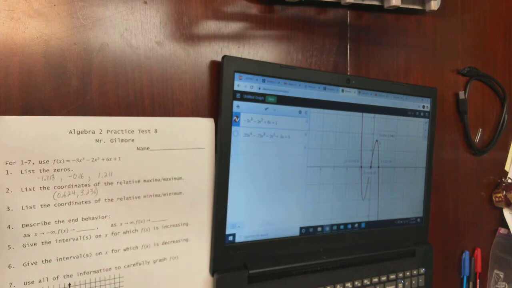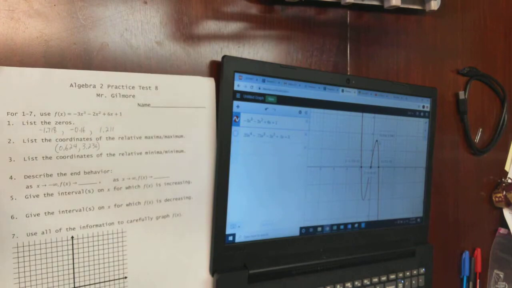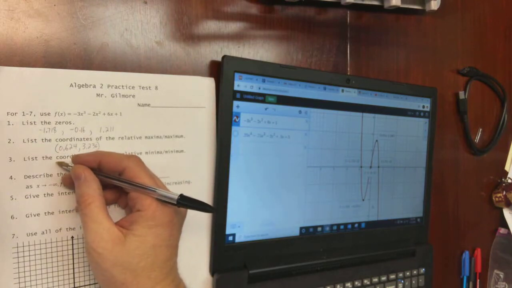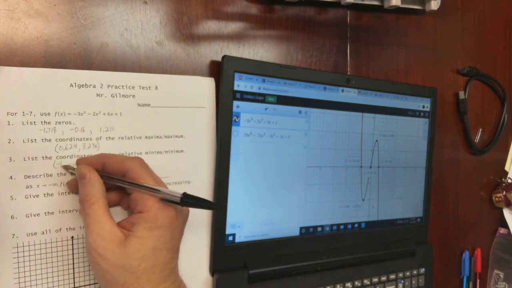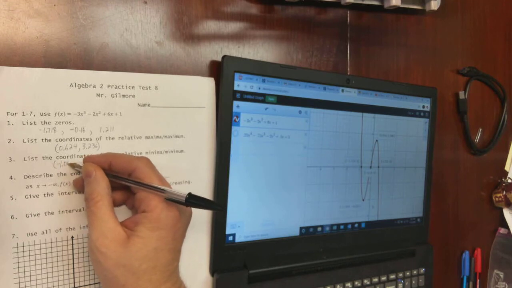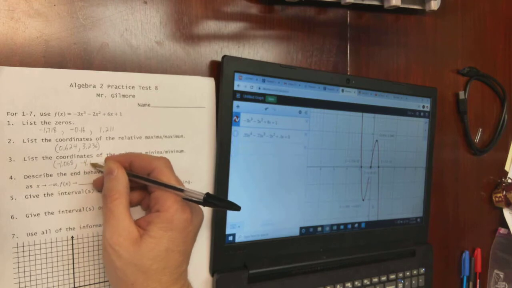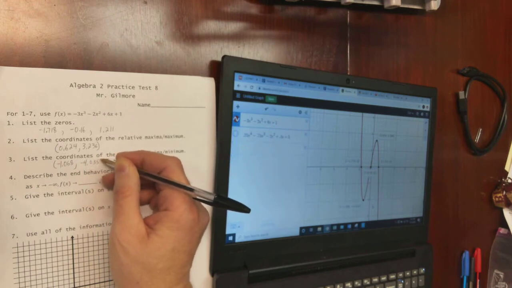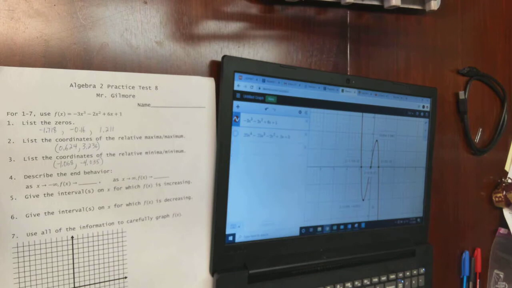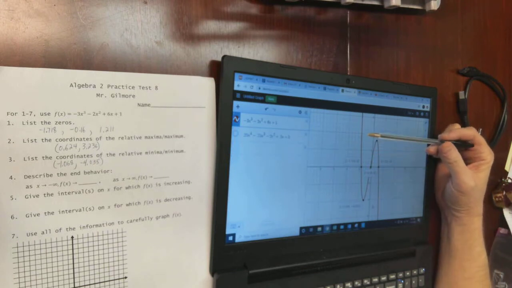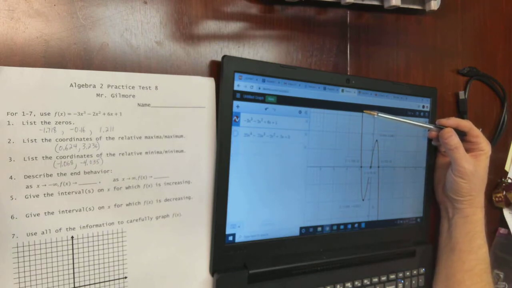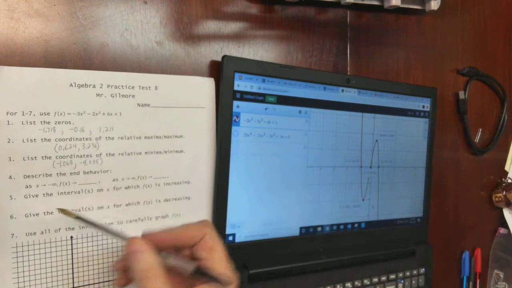There's the x-coordinate, there's the y-coordinate, and we've got a relative minimum down here at negative 1.068 for the x-coordinate and negative 4.035 for the y-coordinate.